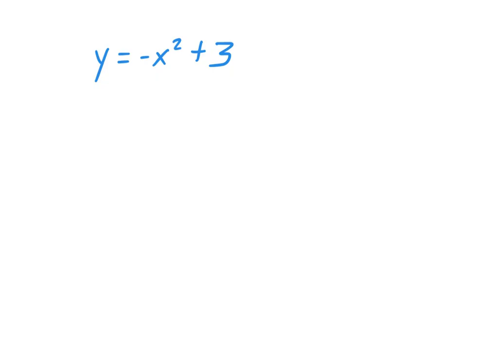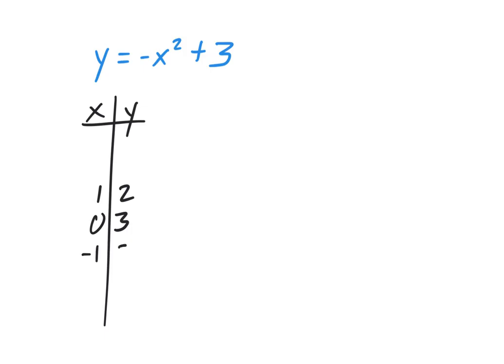Okay, so do you have to remember those right now? Not necessarily, but we've talked about some of those changes, and you might be able to pull that in and use some of that previous knowledge to help us. Okay, but when I graph this one, what I would do here is we'll say 0, 3, 1, 2, negative 1, 2, 2, negative 1, negative 2, negative 1.